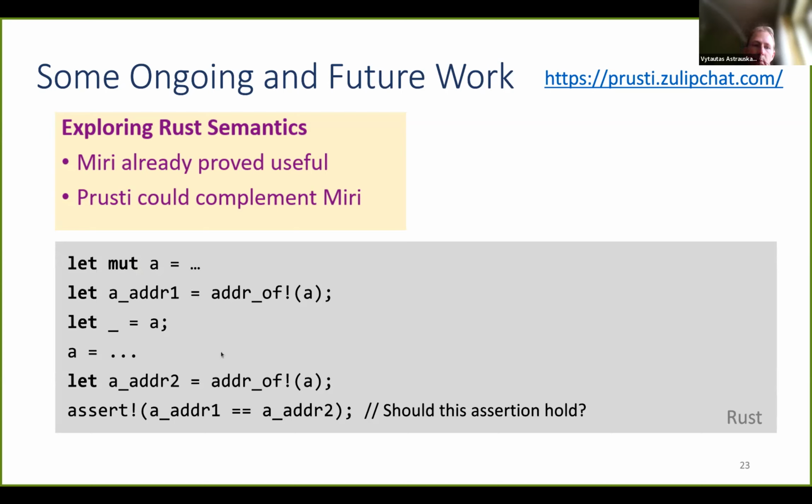One of the undecided questions we could explore with Prusty is: if I move a variable, does its address change or does it stay the same? This is hard to explore with testing tools. With a verifier, it's a bit easier to formalize and play around.